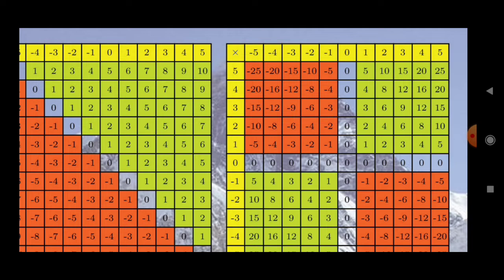Then minus 1 minus 1 is minus 2. Minus 2 minus 1 is minus 3. That means 1 is decreasing on the left side. These numbers are called negative numbers.